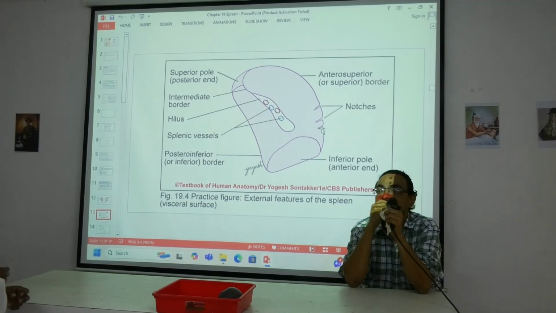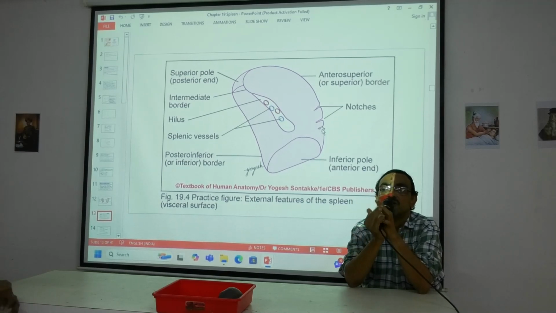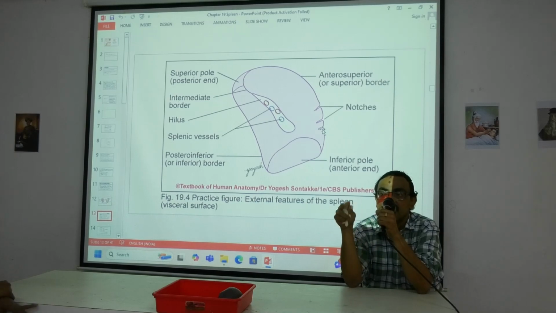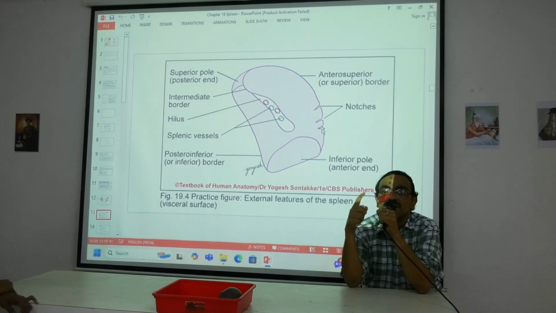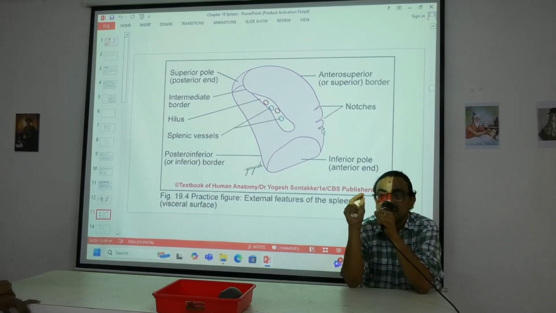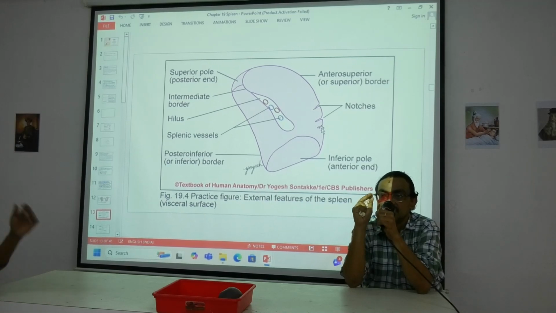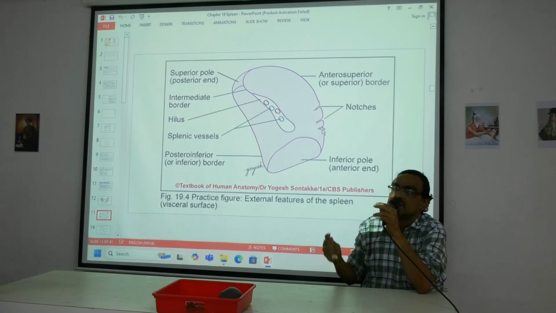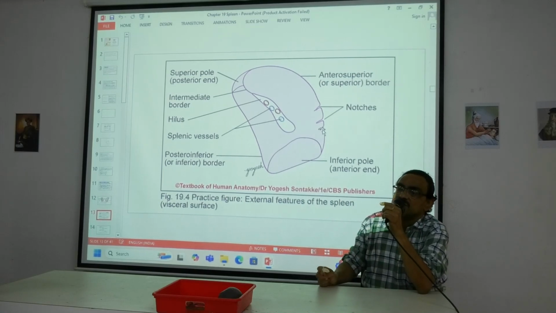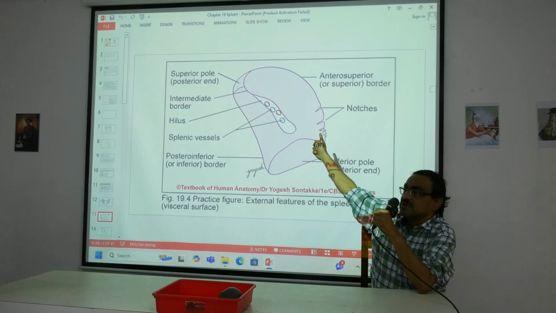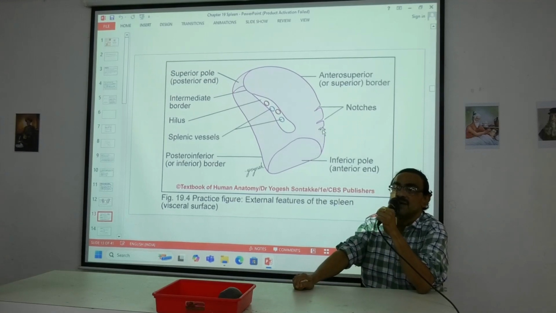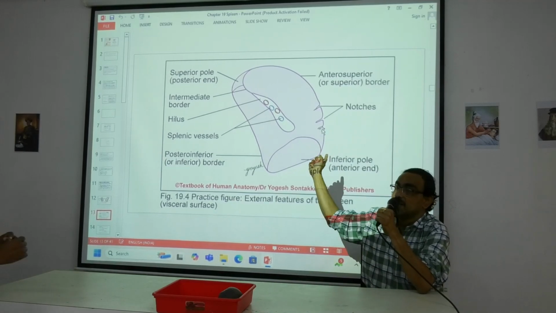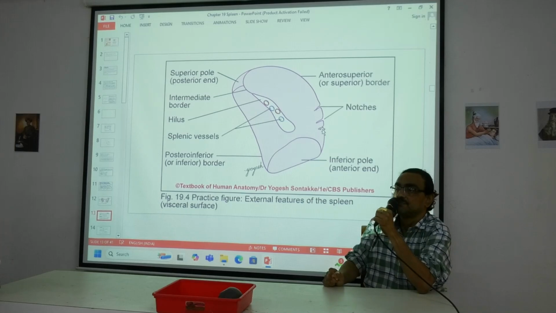As per your embryonic knowledge, it develops from the dorsal mesogastrium, from the left layer of the dorsal mesogastrium. There is appearance of small splenic lobules, which get fused and form the spleen. So the superior border is very much notched.